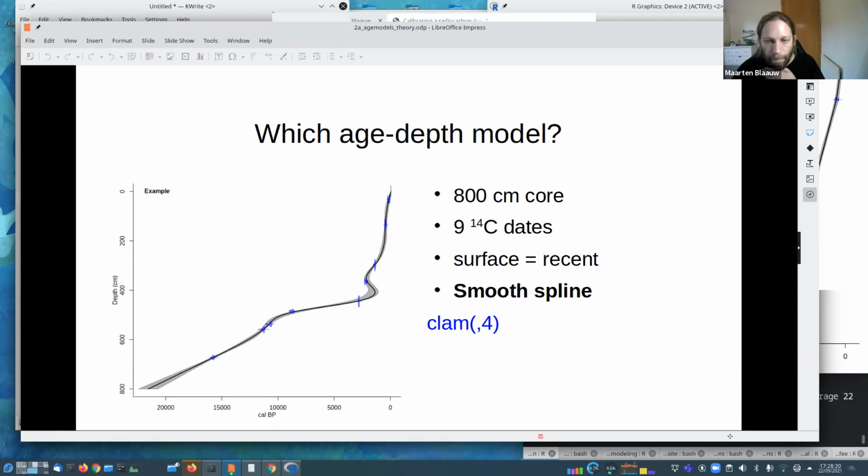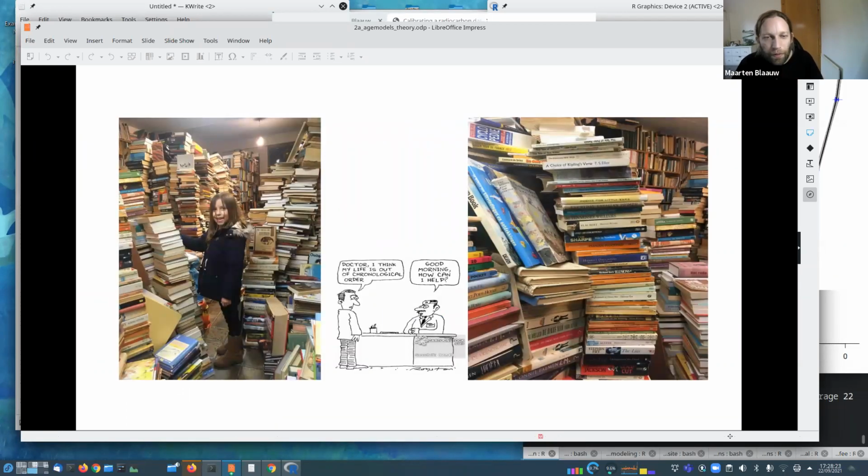Being out of chronological order is generally not something that happens at a site, we hope. We generally assume that our particles are laid down in order.